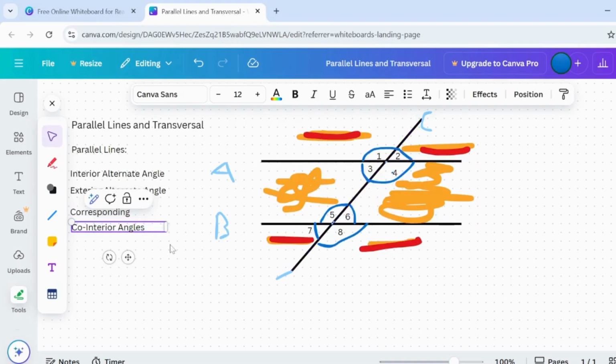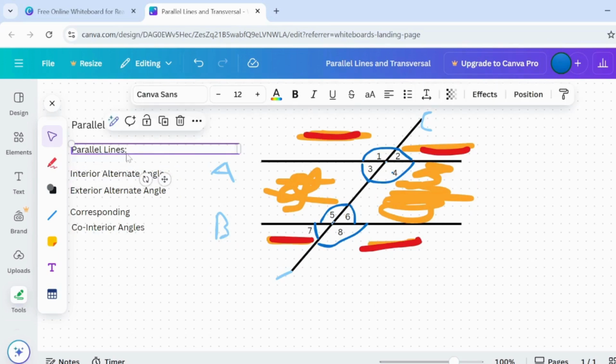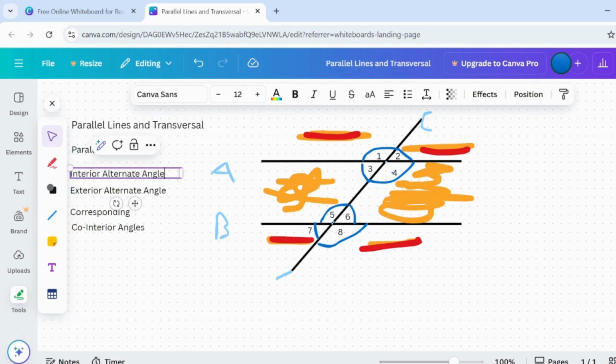So now coming to the measure of each angle, interior alternate angles are always equal. Let's say the interior alternate angles over here are 4 and 5, because they lie on the interior region and are alternate to each other. Their values are equal. Let's say 4 has a value of 100 degrees and 5 also has a value of 100 degrees.